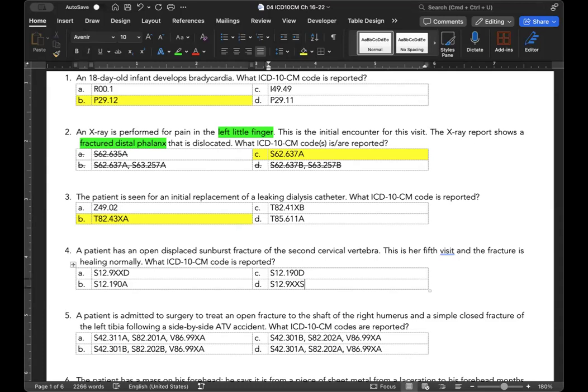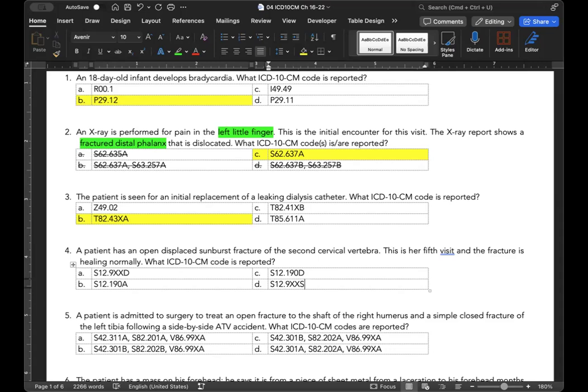Hang on, let me look at it here real quick. I hadn't even looked at that one. Let me look at it so I can see the verbiage of it with my own eyes. Not that I don't believe what you're saying, but my brain does not process it without seeing it sometimes. So let's see. Z49.02 is for encounter for fitting and adjustment.